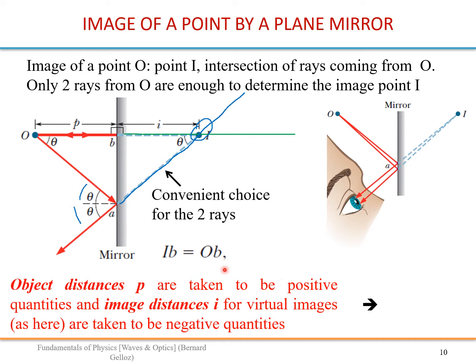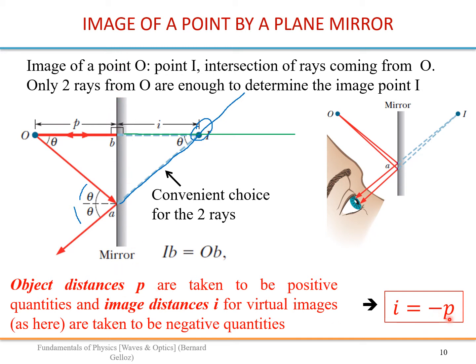So what is the convention in this case? It is this. So I is equal to minus P. So P is a positive number. It is the distance of the object to the optical component. And this is true for any kind of optical component, not only for a mirror. Okay.